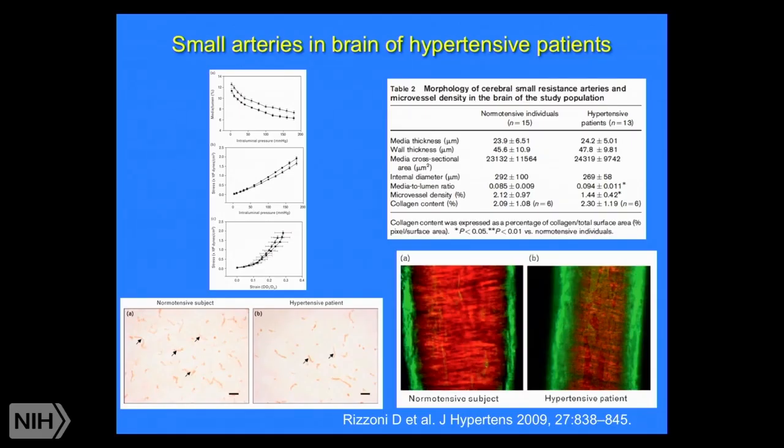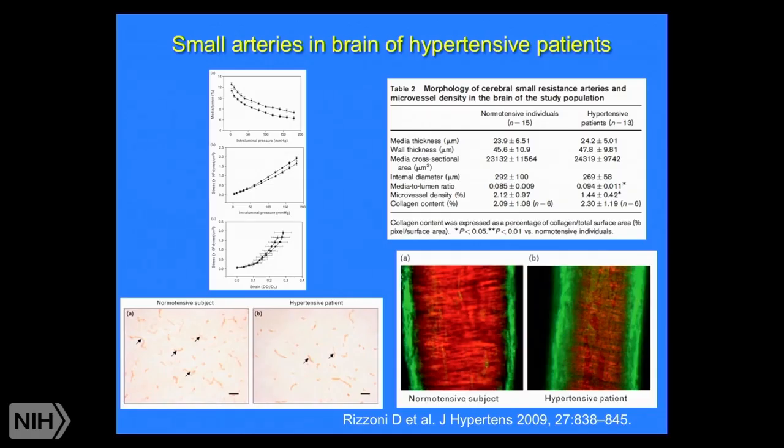And as I said, the microvessel density was decreased in the hypertensive individuals. And here is some confocal microscopy that they published in this particular study that I, as editor of Hypertension, rejected for Hypertension. And they published it in Journal of Hypertension, but that's another story.